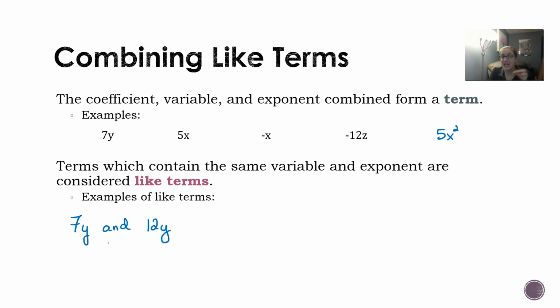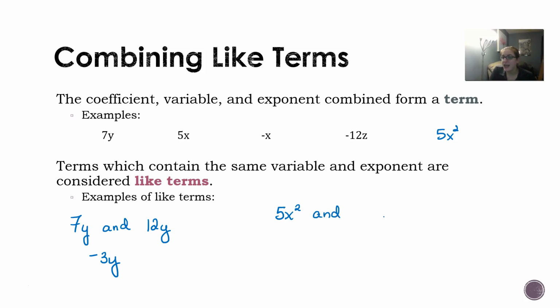Another like term to 7y could be negative 3y. Okay, it has the same variable, it just has a different coefficient, which is fine. We don't care what the coefficient is. Make up your favorite number, plug it in as a coefficient, and you've got a like term. Now, let's try something else. Let's try an exponent, 5x squared. What's a like term to 5x squared?